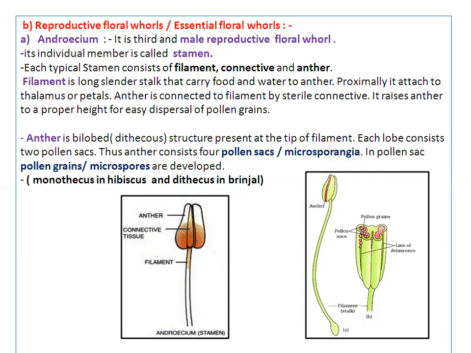There are a number of stamens, grown on the thalamus.